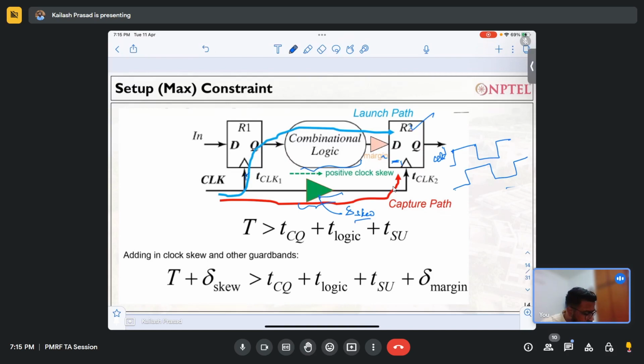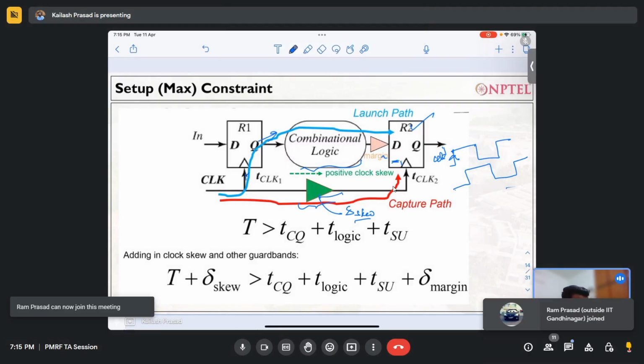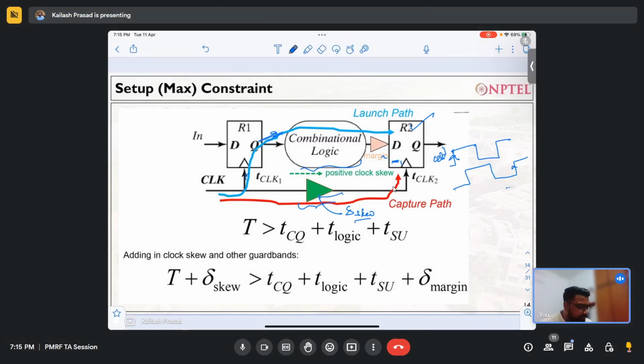As soon as this clock comes, the data will be transferred from here, and I'll be waiting for this particular clock to latch the data. So how much time do I have? I have now increased time available. The total time which was earlier T only, because of this skew, has given me a positive time period added to this design. So the total time period will not be T now, it will be T plus delta skew.